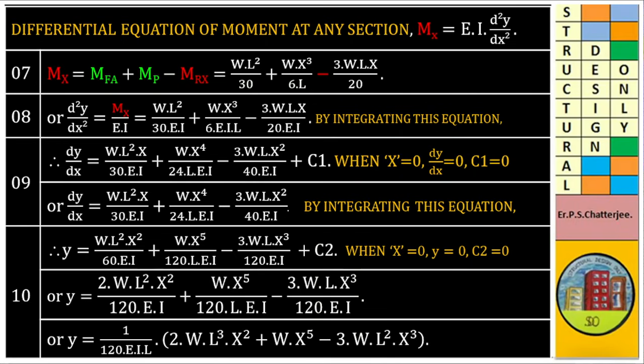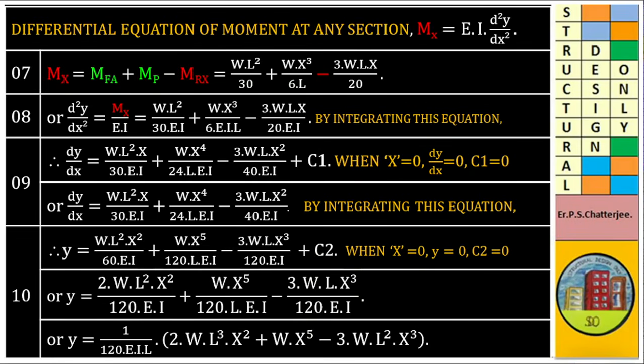By integrating this equation, we have dy by dx is equal to W L square into x divided by 30 EI plus W x to the power 4 divided by 24 LEI minus 3WL into x square divided by 40 EI plus C1. C1 is the constant of integration.